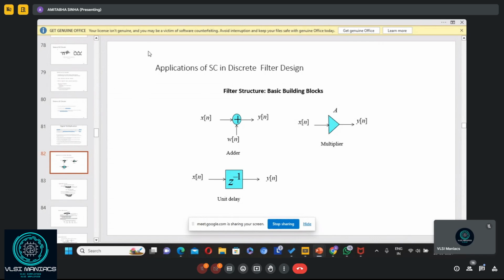Now, differentiator: if you have an inductor, you can make a differential like d2x/dt2. The equivalent is L di/dt. An integrator will be done by a capacitance. Look, mathematics and physics are interrelated. Why is a capacitor an integrator? You have to go into the basic function of the capacitor. It accumulates charge.